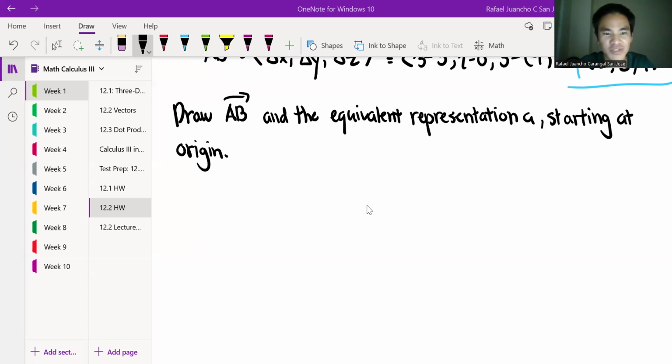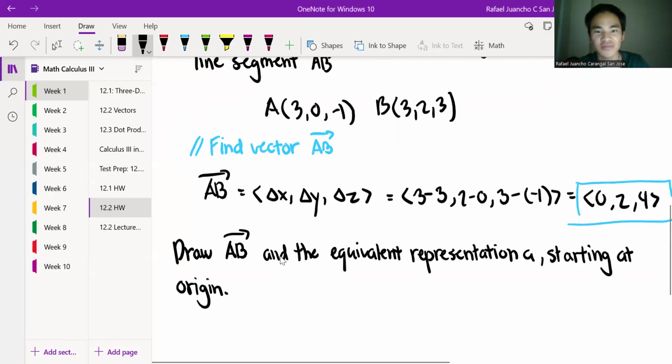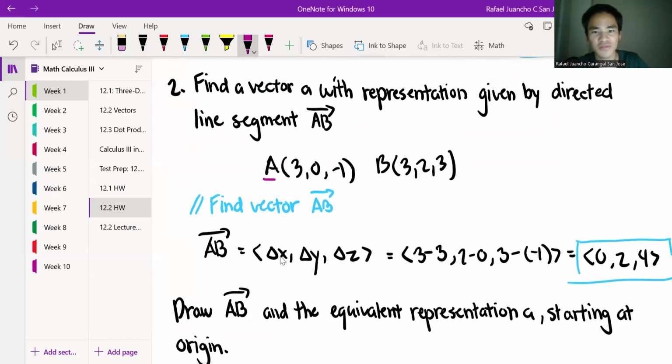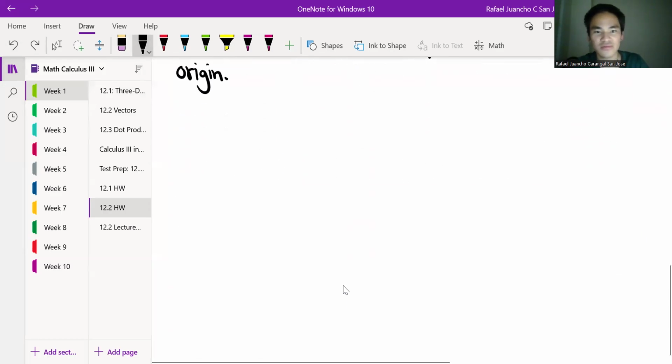yeah, I mean, where does it start? That's what it's asking. Obviously, it starts at the point A and it ends at point B. So it starts here and it ends here. Yeah, because that's what I was asking. Where does it start? So I'm just gonna plug that in.